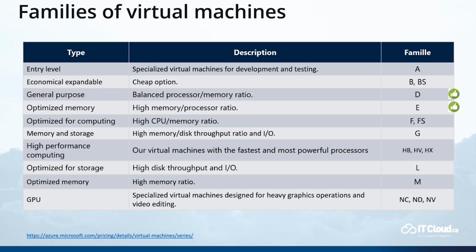So they are balanced. Compared to that, the E family is memory optimized. What does that mean? 2 CPU, 16 gigs of RAM. The amount of RAM will always be bigger compared to the CPU.